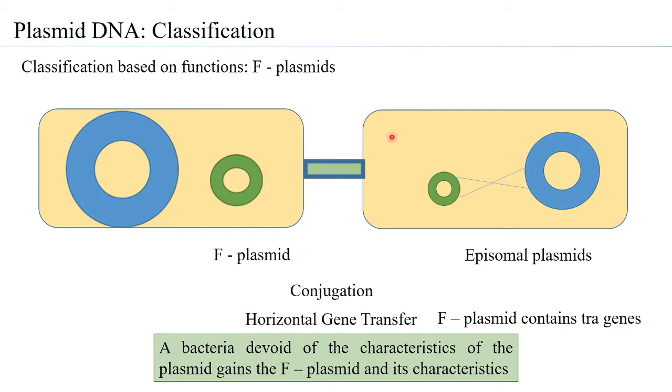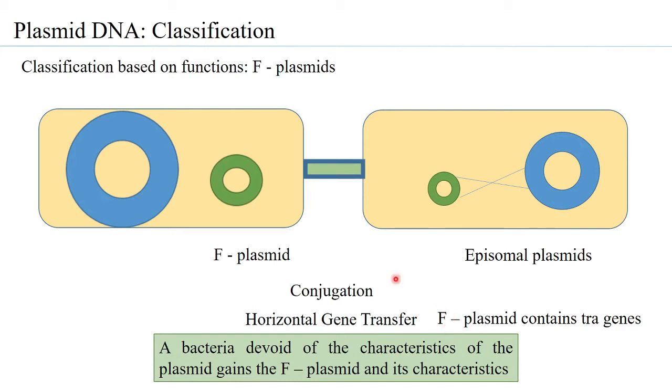Now, you can never have this conjugation between an F plus bacteria and an F plus bacteria, but you can always have a conjugation between an F plus bacteria and an F minus. So, please understand that now this bacteria, having gained this F plasmid, will be able to transfer this into another bacteria that does not have the F plasmid.